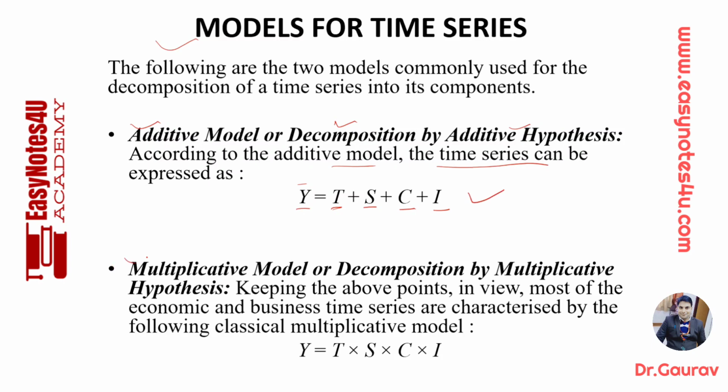Then the multiplicative model, or the decomposition by the multiplicative hypothesis. In that, we multiply all the components: trend multiplied by seasonal, multiplied by cyclical, multiplied by irregular variations of the time series.